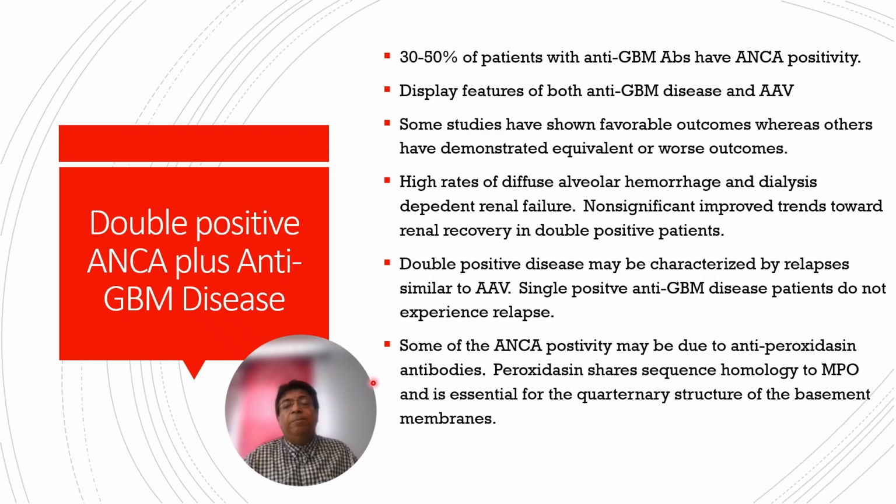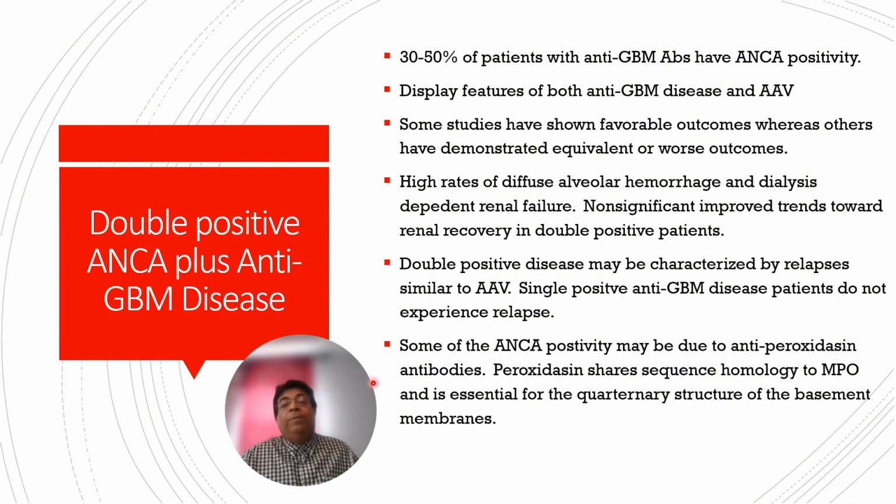So why do patients have dual anti-GBM and ANCA positivity? It's thought that in some of these patients, the dual positivity is because of anti-peroxidase antibodies. Peroxidase shares sequence homology to MPO. So basically it looks like MPO.